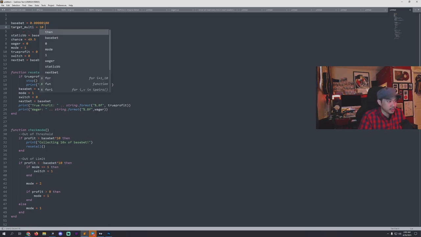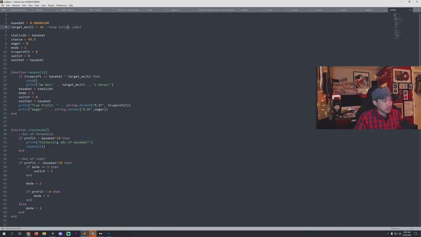This would also be our stop script limit. So here, if true profit is greater than or equal to the base bet times 10, we can't do times 10, because then it would just run one time.